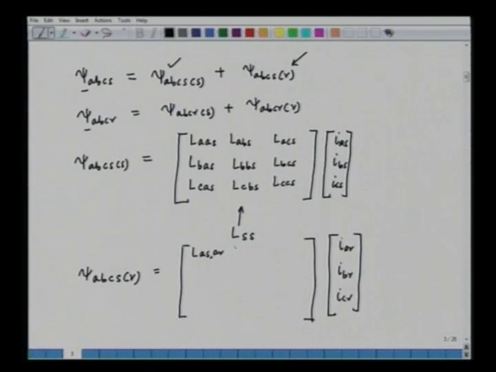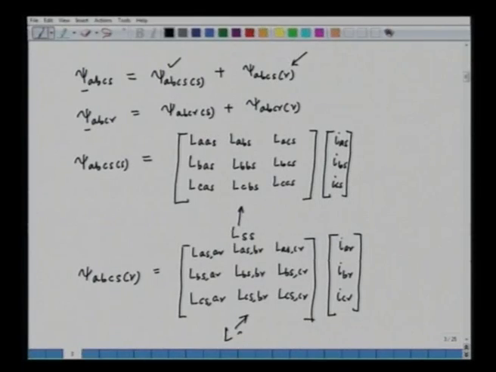LSAAR, LSABR, LSACR, LSBAR, LSBBR, LSBCR, LSCAR, LSCBR, LSCCR. So this actually is a matrix which is something like a mutual inductance between the stator and the rotor, and we call this matrix capital LSR.